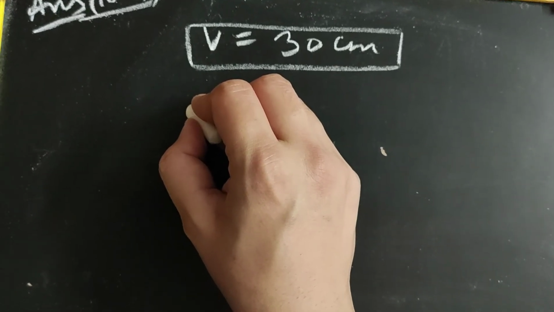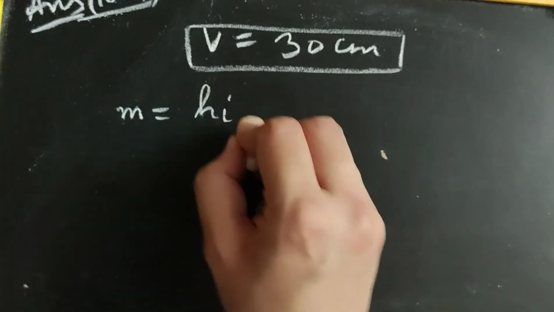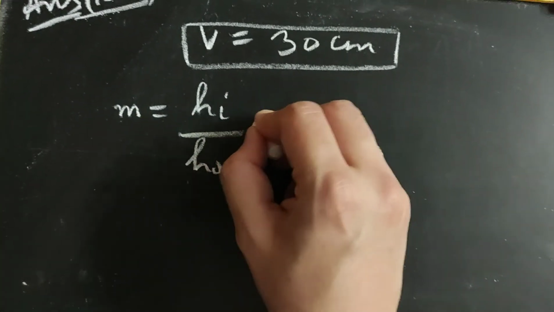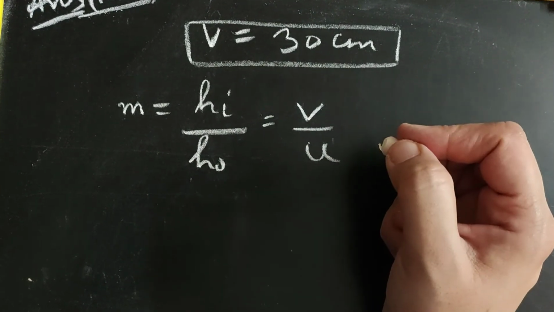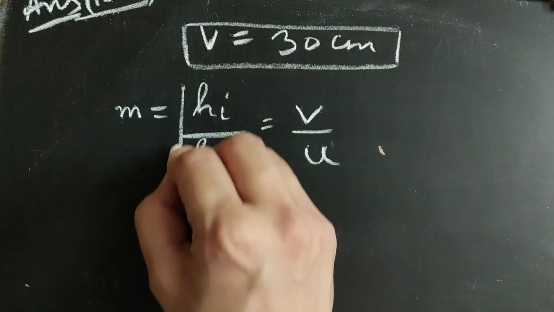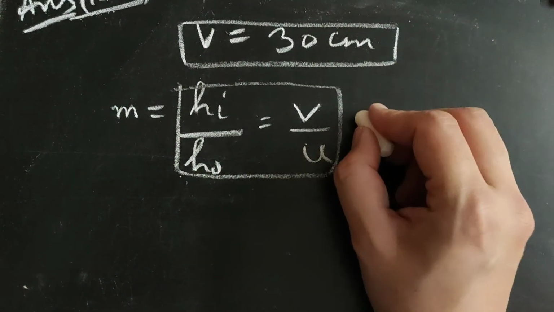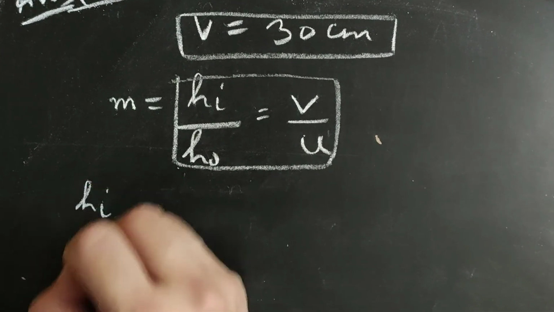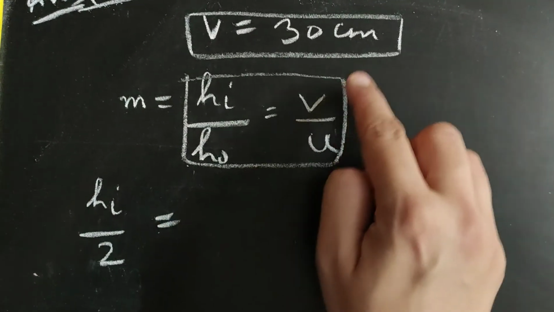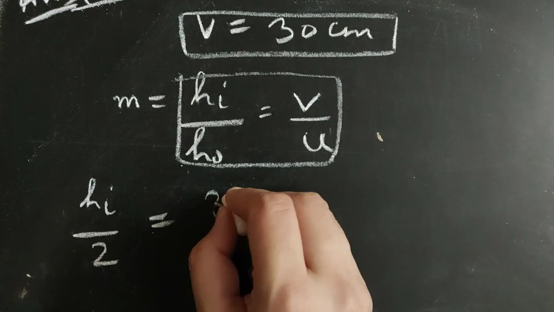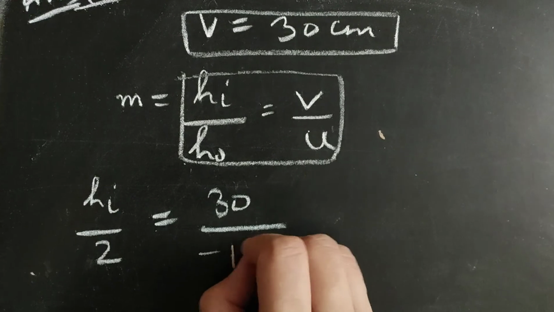Now for height of the image, we have a formula for magnification which says hi upon ho is v by u. I'll use this part of the formula for calculation. Now hi is to be calculated. ho was given in the question as 2. v we have just calculated as 30, so I substitute the value 30, and u is given in the question as minus 15.